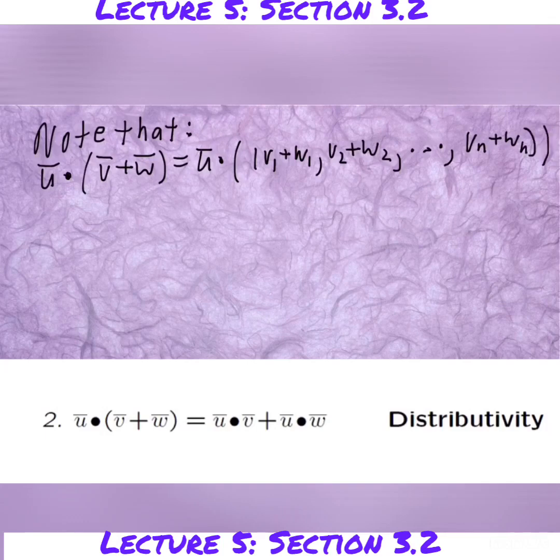Alright, so those are my two vectors, and then it's just application of the dot product. So that's going to be u1, the first component of u, multiplied by the first component of v plus w, plus the second components multiplied together, plus the last components multiplied together.